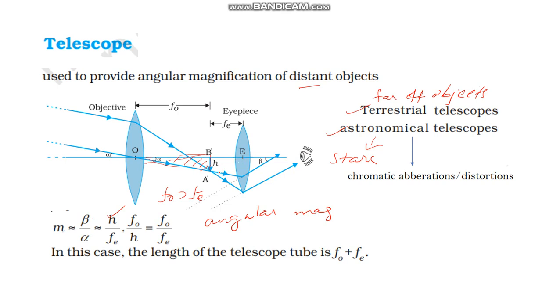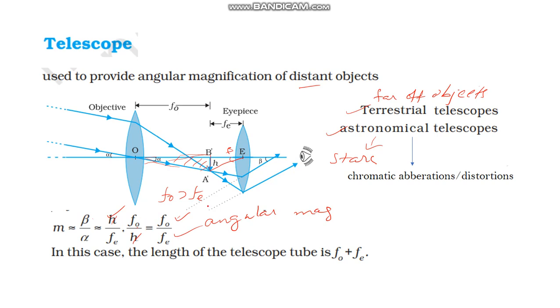You constructed a line here, very close by, so here it will be h by fe in this triangle. This is beta, and this is almost equal to beta only. So it is h by fe. This h and h will cancel and you are finally left with fo by fe. This is the magnification formula for the telescope.